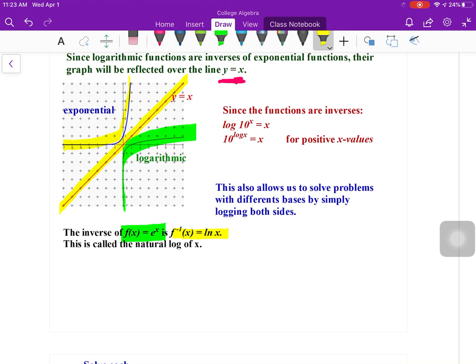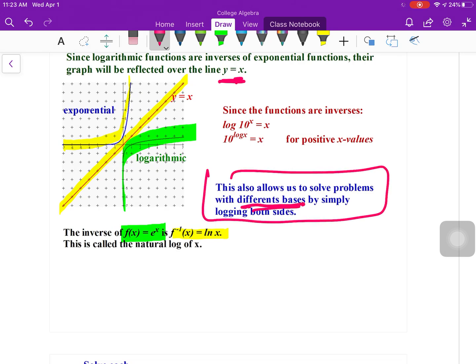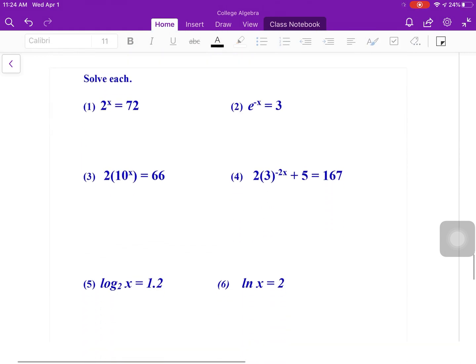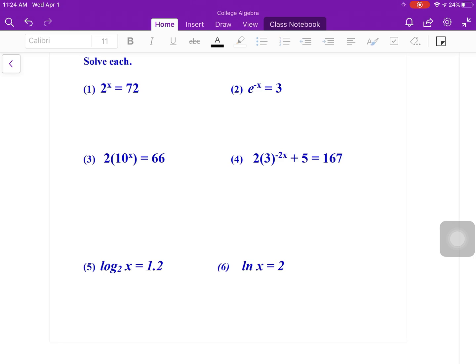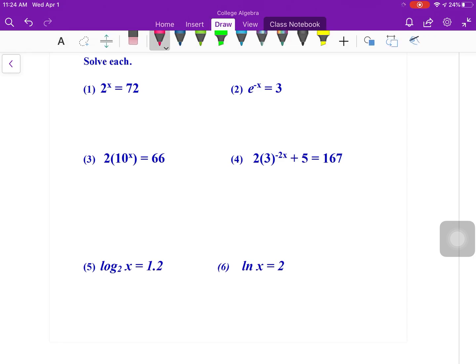So why we do this is because when we can't get the bases to be the same, we can log both sides. Then my bases will be the same. Like on these problems.